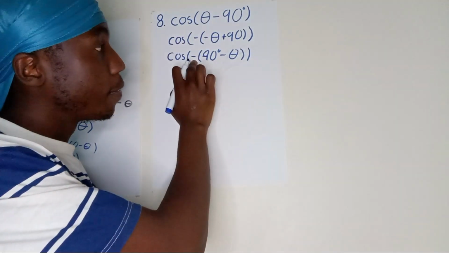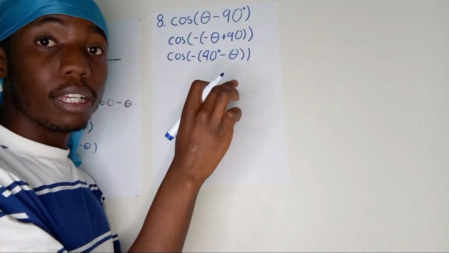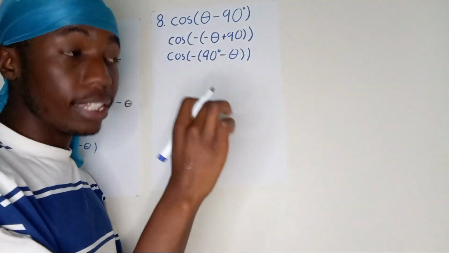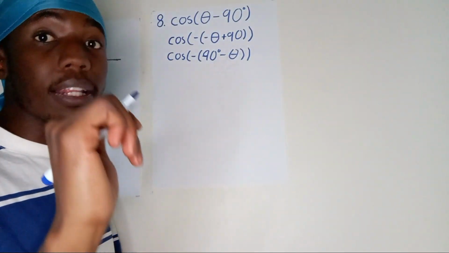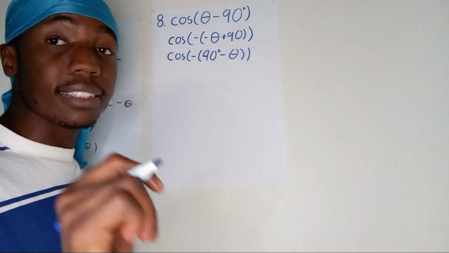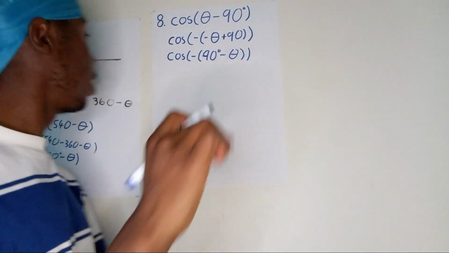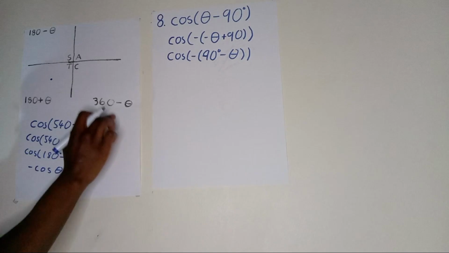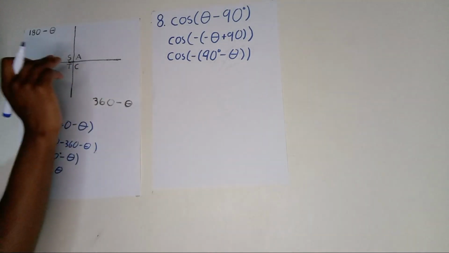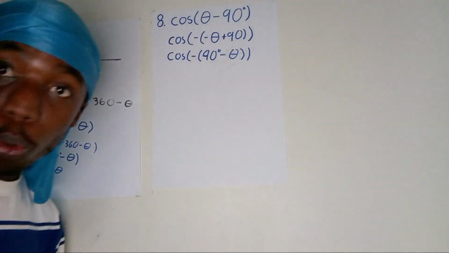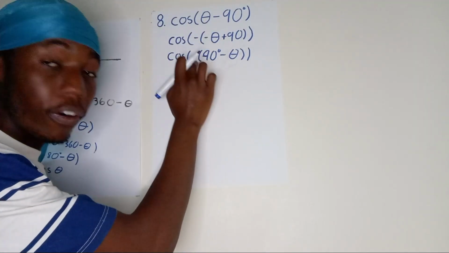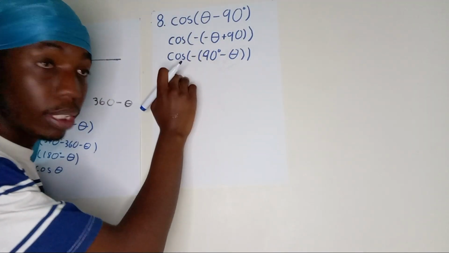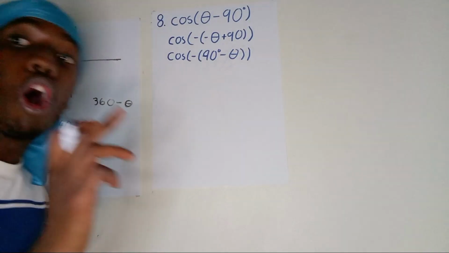And the reason is because in that question, when we added 360, that became cos 360 minus theta, which is positive. That's why when you have a negative angle there, cos automatically becomes positive, because it's in the fourth quadrant. I hope you guys got that.